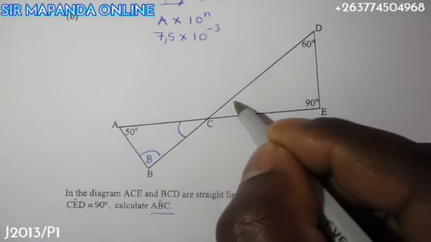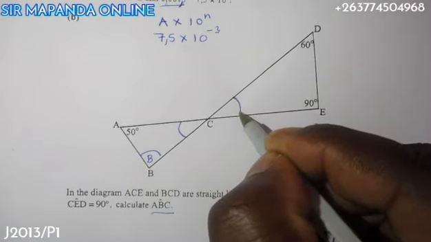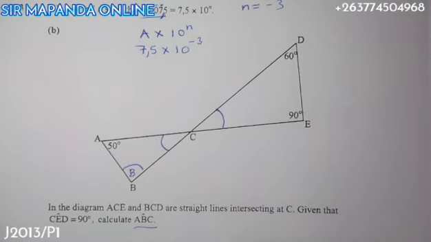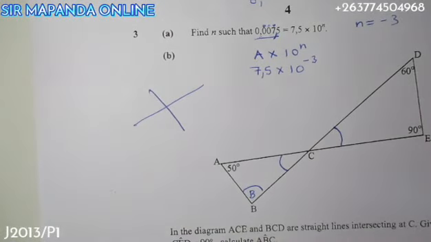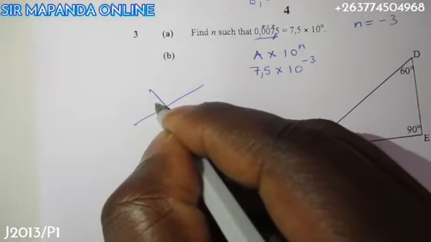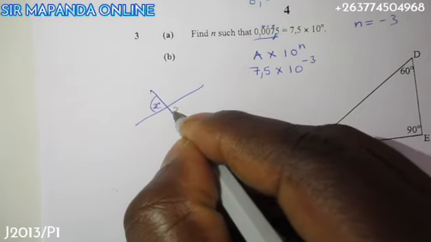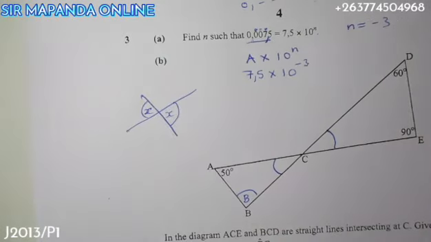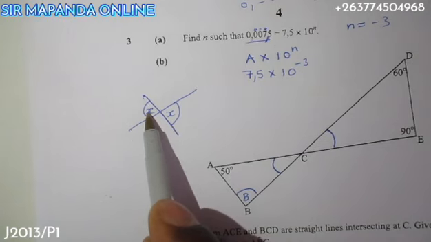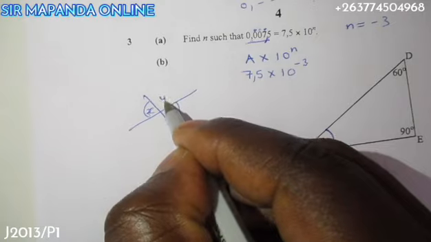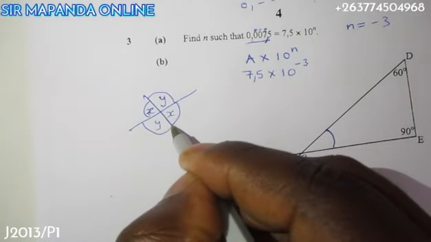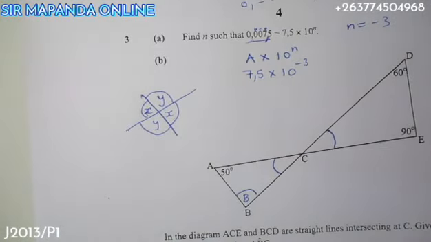So this angle at C in the smaller triangle and the angle at C in the bigger triangle, they are equal. Taking it from the theorem that when two lines intersect, opposite angles at the point of intersection between two lines are equal. So if this is x degrees, the opposite angle is also x degrees. If you have got y here, the opposite angle is also y. I hope you are following.